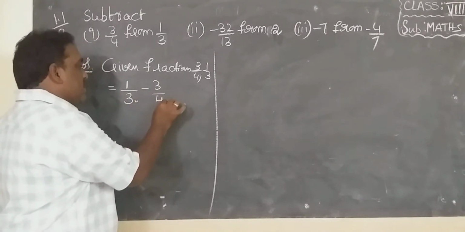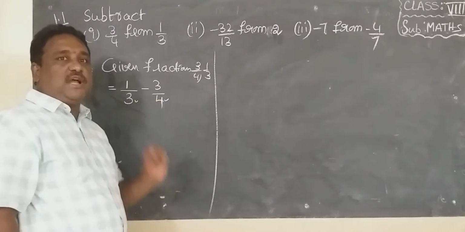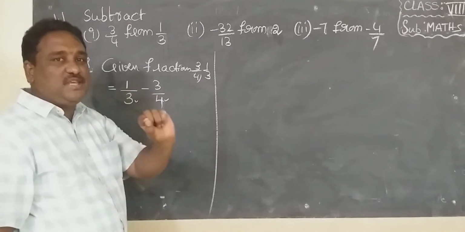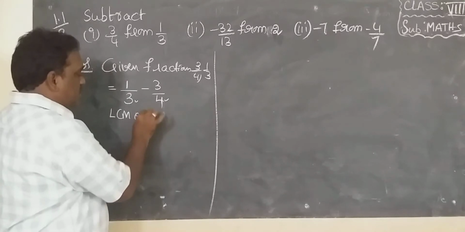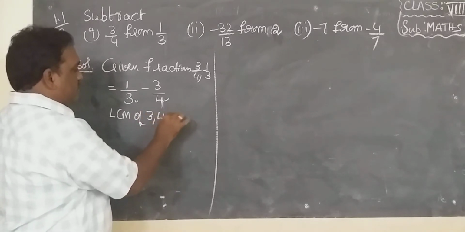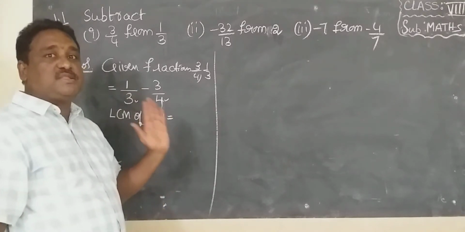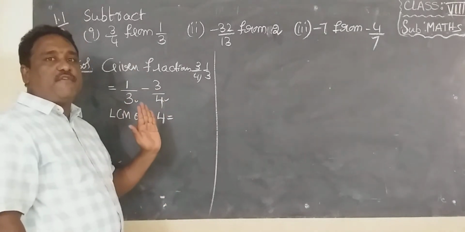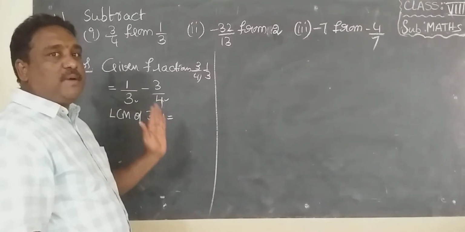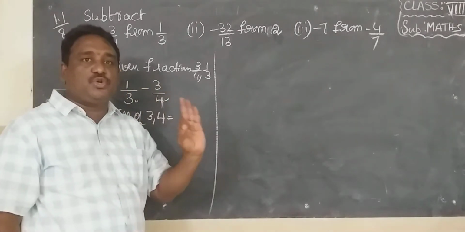Fractions are there. When fractions are there, what will we do? We will take LCM. So LCM of 3, 4. They are consecutive numbers, side by side numbers.